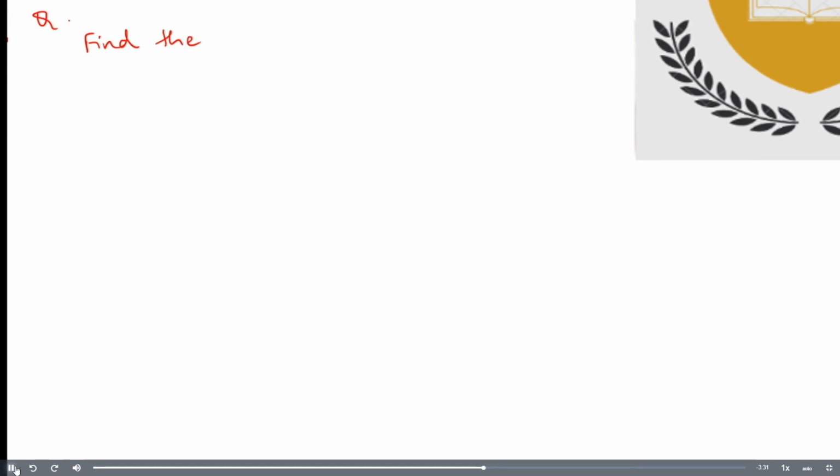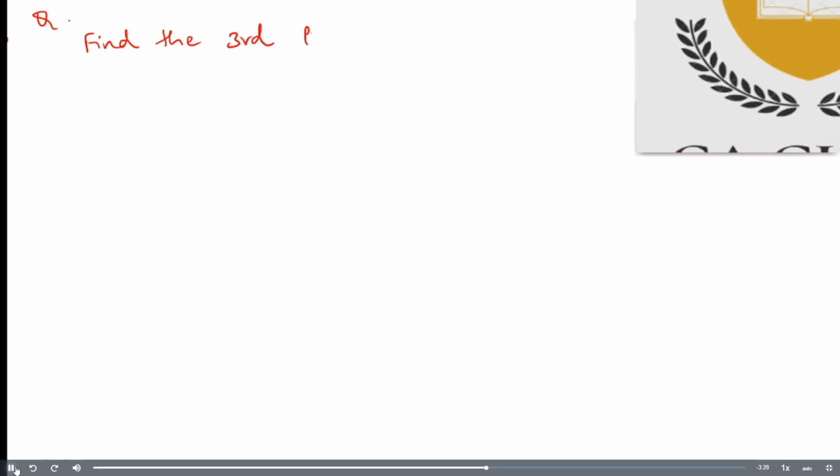Now, let me take one problem. Find the third proportion. The first part of the question is find the third proportion from 1 and 2.